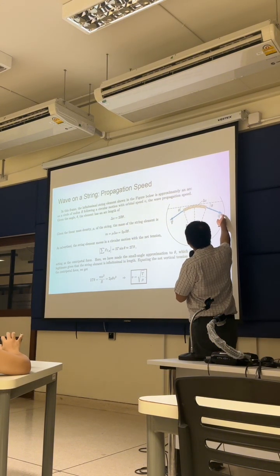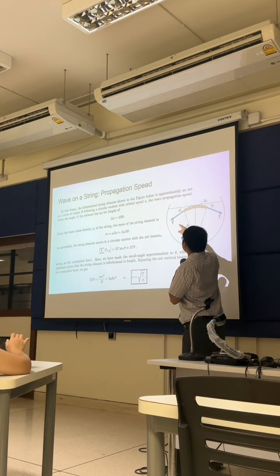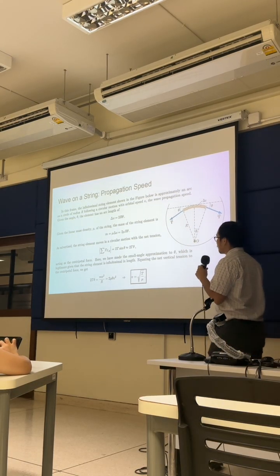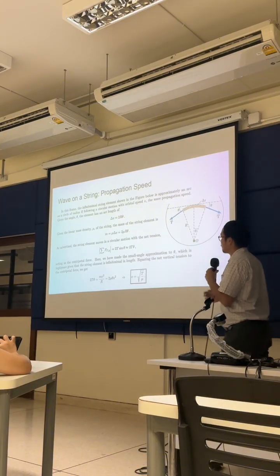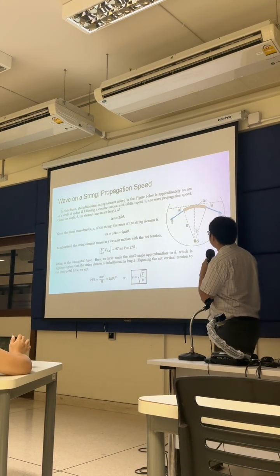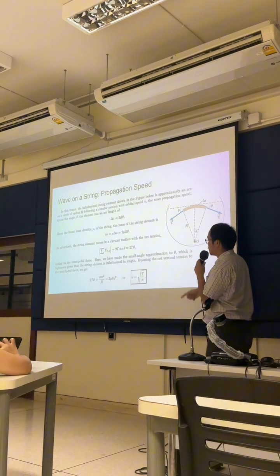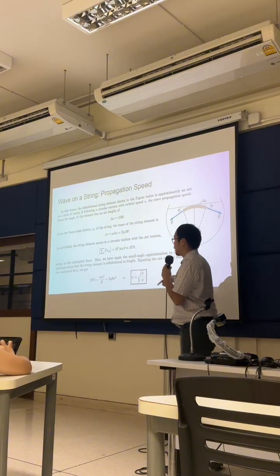And the vertical component of this guy is T sine theta pointing down, and for this guy is T sine theta pointing down. So in total, we have the sum of the force in the y direction being 2T sine theta. And also, because the angle theta is small, we can make the approximation that sine of theta is just theta in radians.